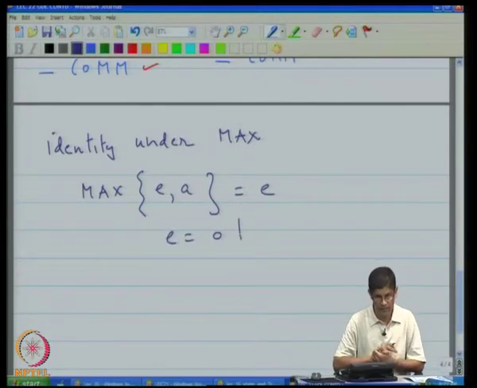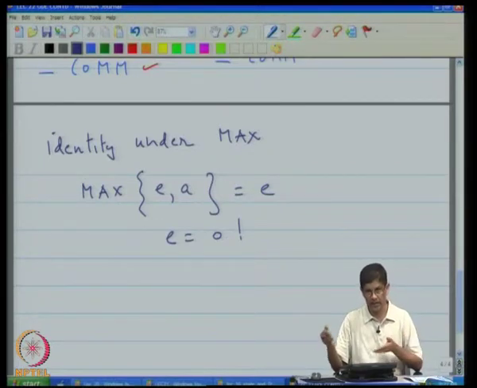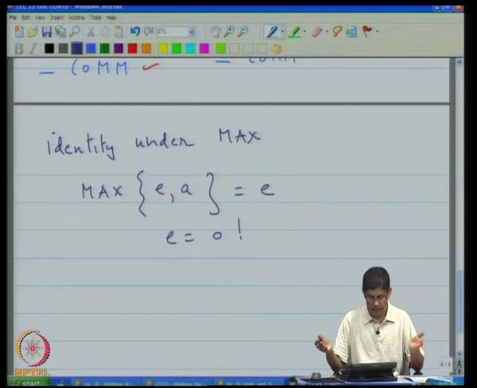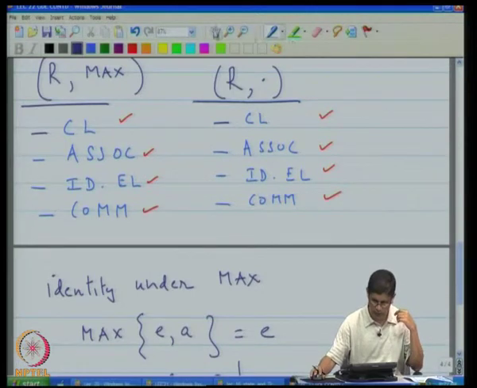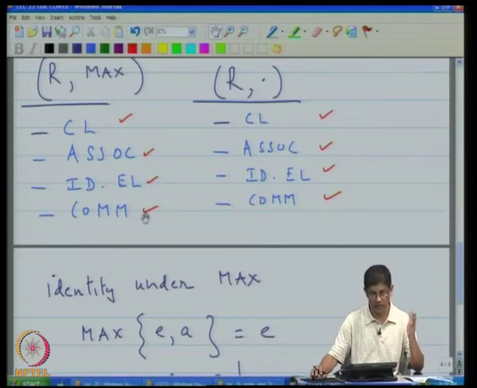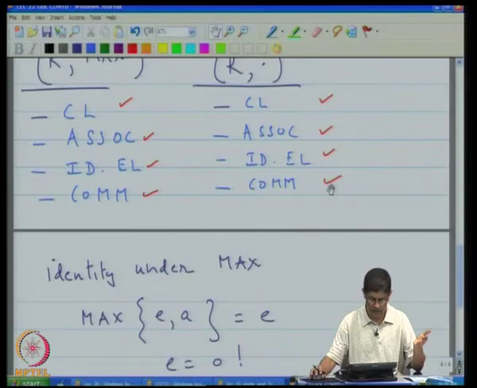So, it is the same as the additive identity, that is if you compare 0 with anything else, the other number is going to win in the max. So, 0 serves as the identity element. So, for this reason we also have that it is closed under max, associative, with identity. It is commutative because it does not matter when you take the max whether it is A, B or B, A. Under product we have already seen that these conditions are satisfied.